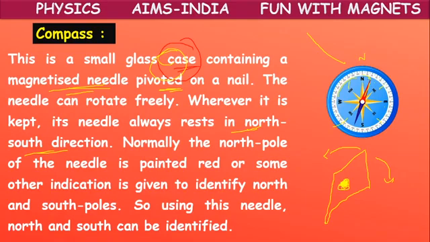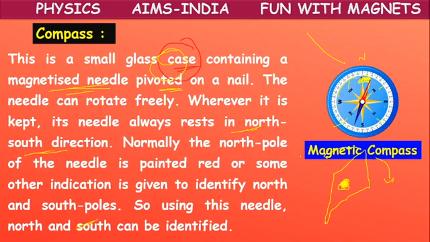It will turn around through some angle and come to rest in the already marked north direction. Okay, like this, with the help of the compass, they used to find north and south directions in olden days.